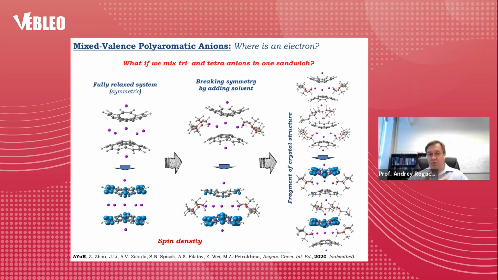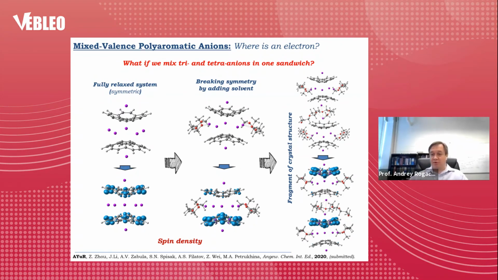comprehensive theoretical investigation. What we immediately find is, if we do fully relaxed geometry optimization, that results in symmetric species that shows symmetric distribution of spin density. It means that the single unpaired electron is completely delocalized over the whole sandwich. But if you break the symmetry by adding, for instance, a solvent like glyme to this system, this electron becomes highly localized only on one side.